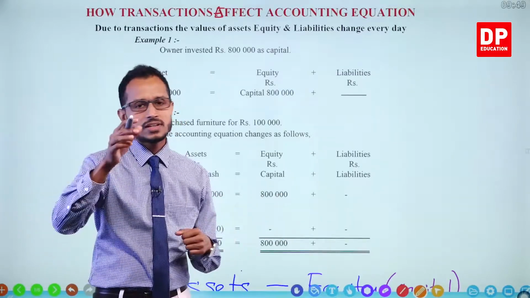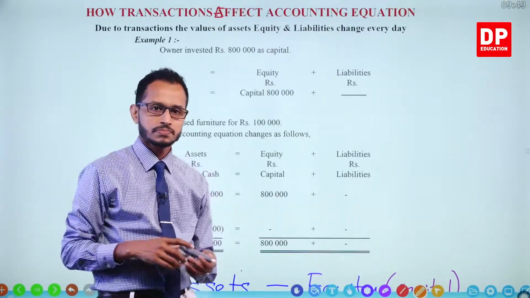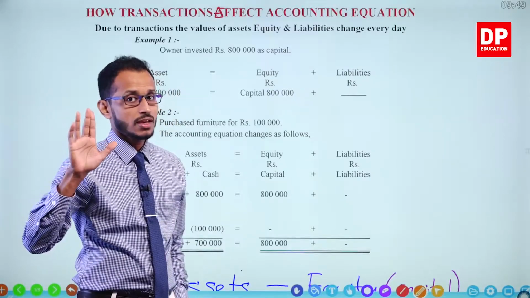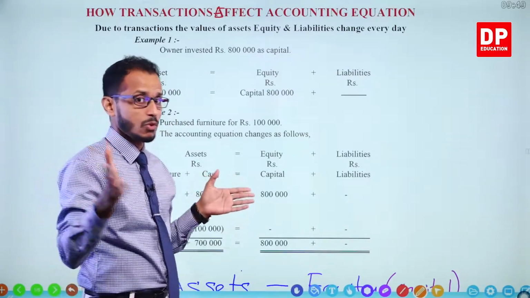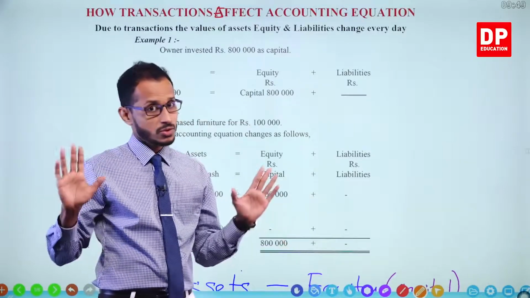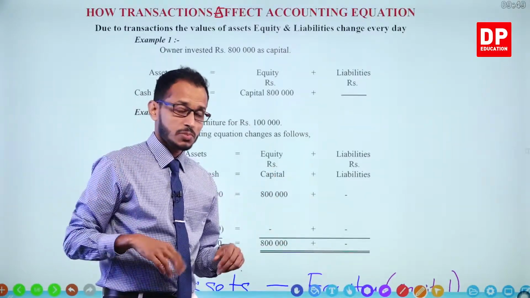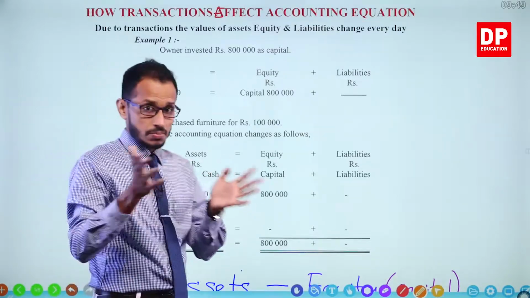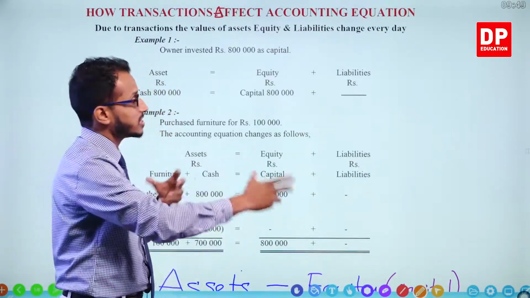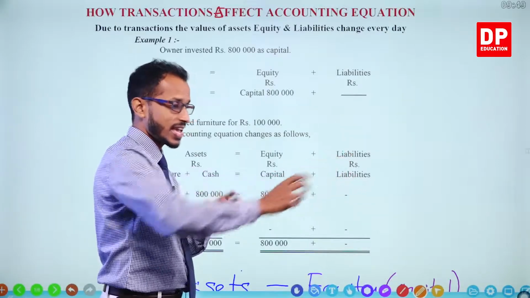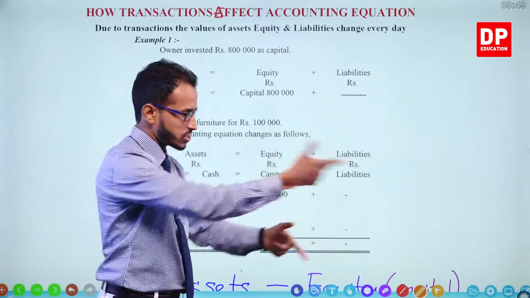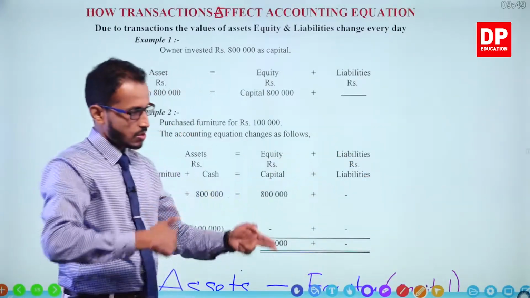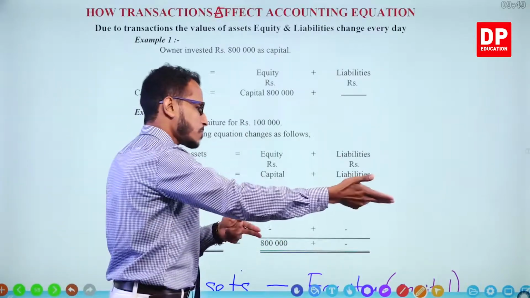Children, you know what transactions are. Do you want me to explain again what transactions are? No need, right? It was explained very well in the previous sessions. Transactions are exchanging of resources with various parties.